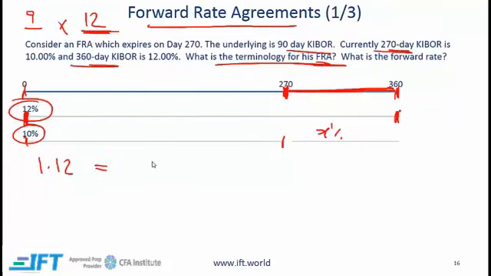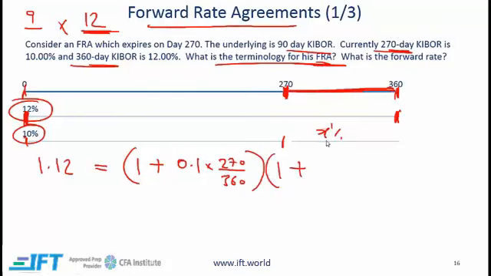This should be equal to 1 plus 10%, which is 0.1, and this needs to be de-annualized. So how do you de-annualize? You multiply this by 270 over 360. We are using 360-day years. And then this needs to be multiplied by 1 plus, and this X% is the forward rate, and this is an annualized number.